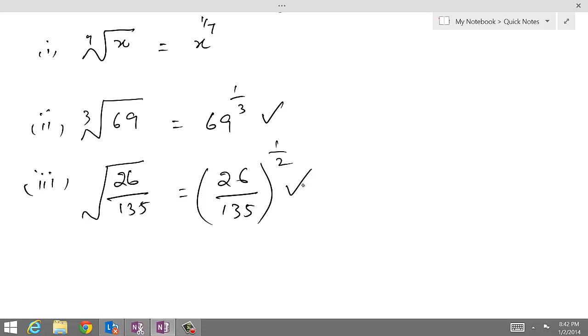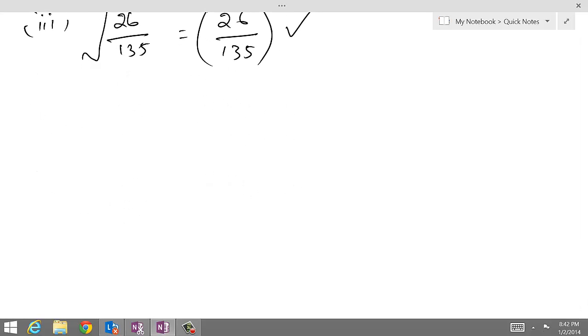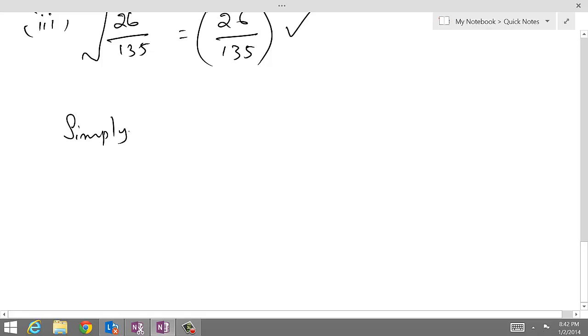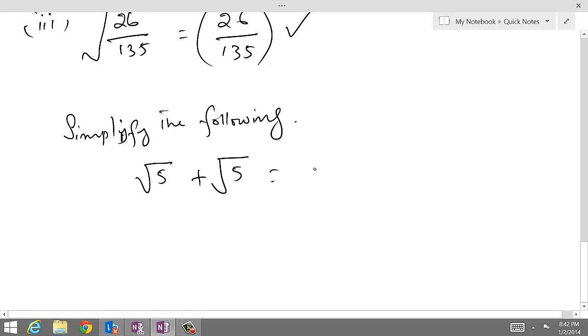If we want to simplify radical signs, let's say we have: simplify the following. Let's say that we have under root 5 plus under root 5. How many times? Just like everybody can count 2 men plus 3 men, how many men?